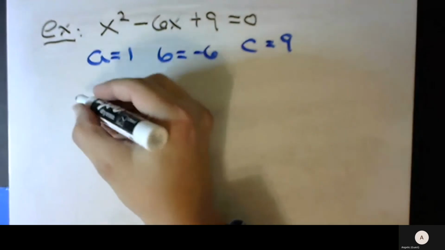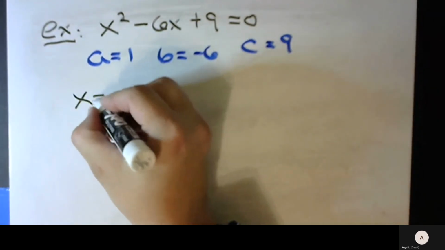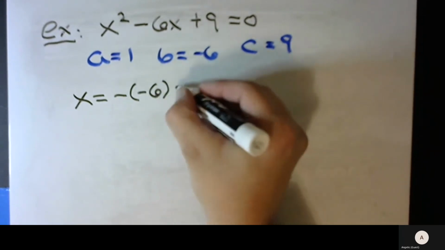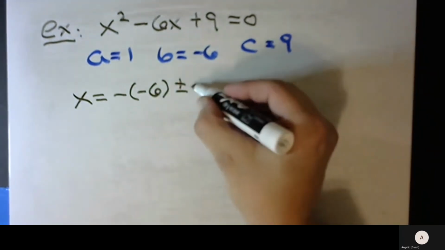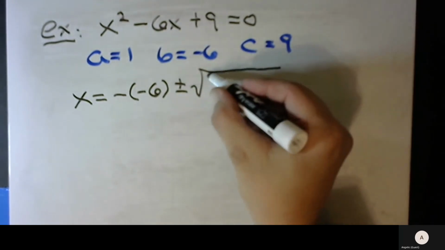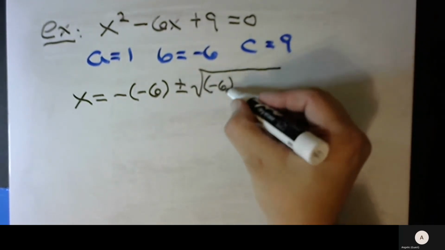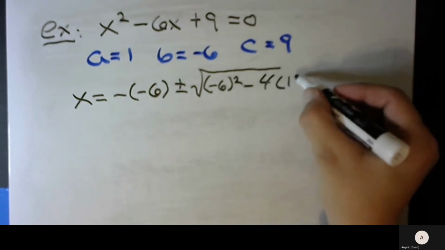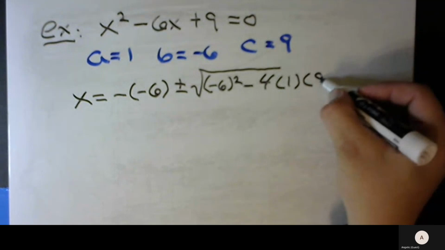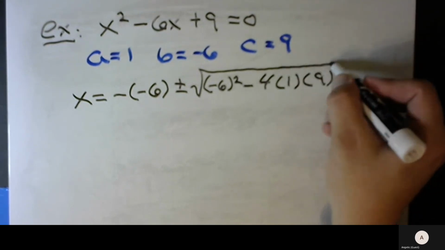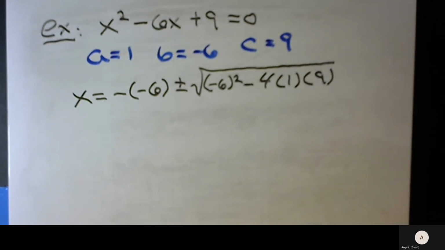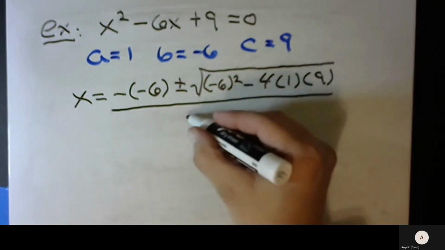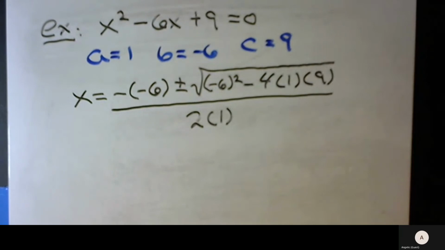So just for the sake of time, I'm just going to do the substitutions. So negative b plus or minus the square root of b squared minus 4 times a times c divided by 2 times a.